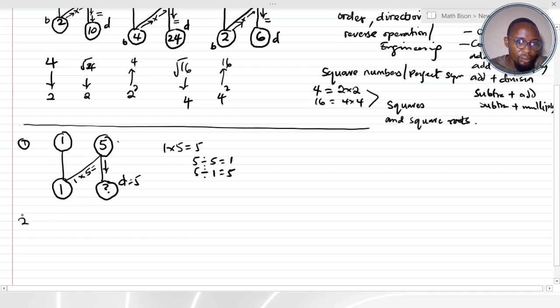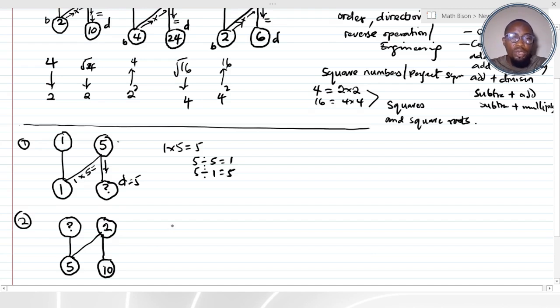Number 2, you have the same diagram, but I believe that this time around another part will be missing, not the same part seen in this question. So here we have, the first part A is missing. We have 5 and we have 2, then we have 10. So what do we do?